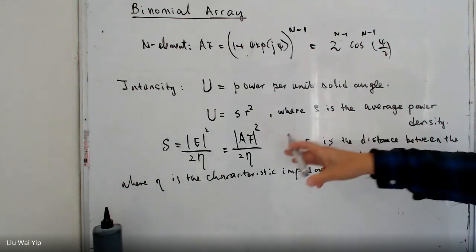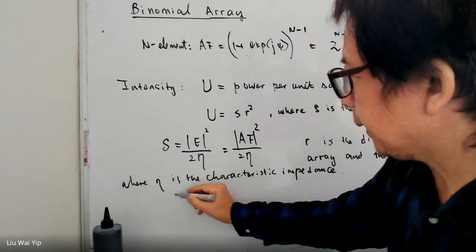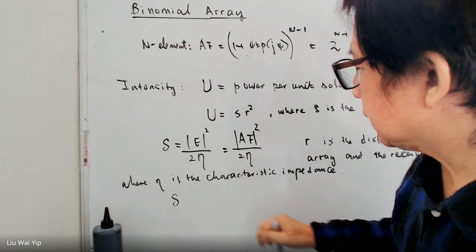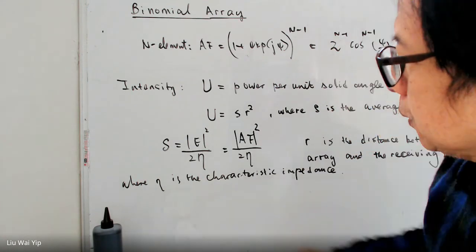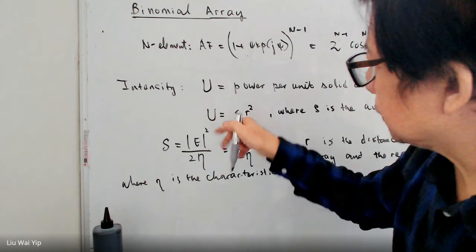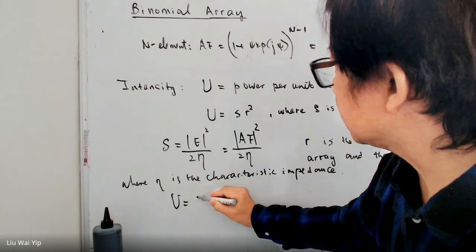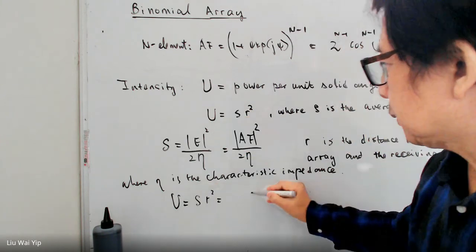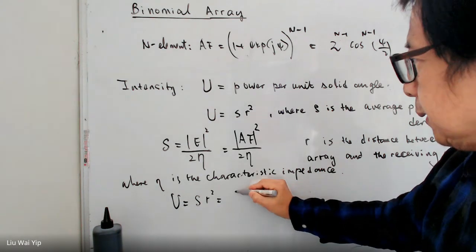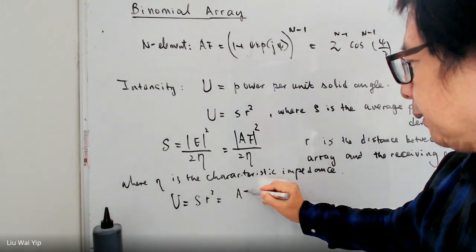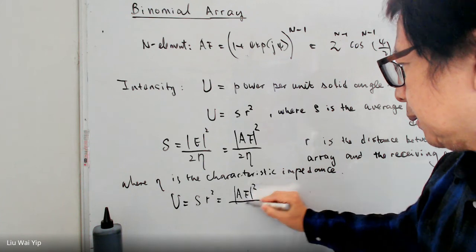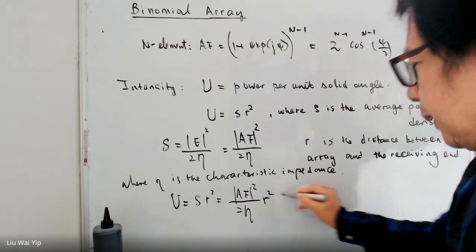And you can just continue from here. U is equal to this one. U is S R squared, so it will be A F over 2 eta R squared.